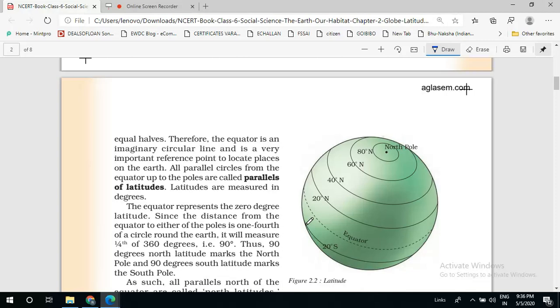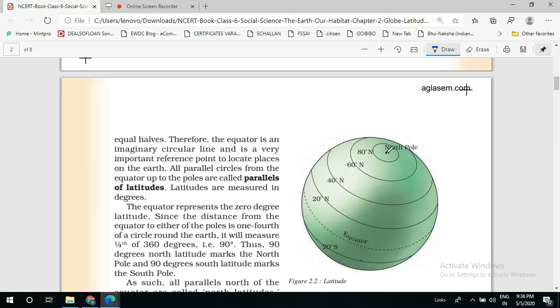So this line is running all the way around. Tonga and Mauritius are both situated on 20 degrees south. Can we locate Tonga here? Can we locate Mauritius here? No, we cannot, because we have to know a line of reference.